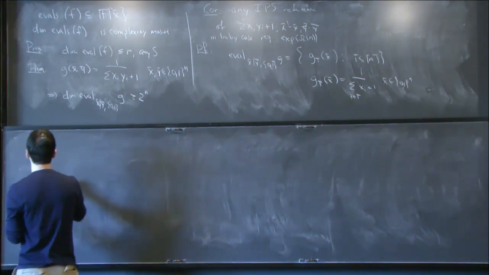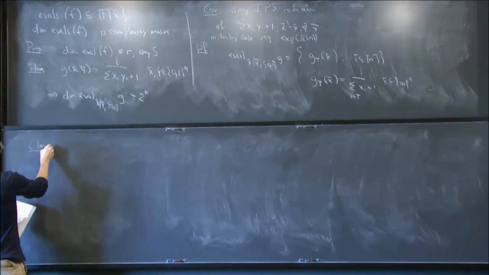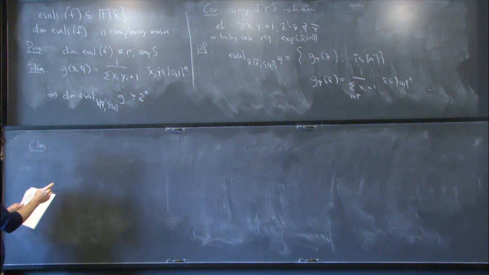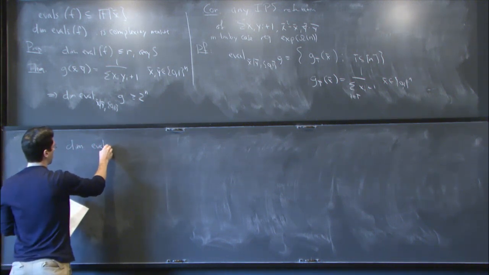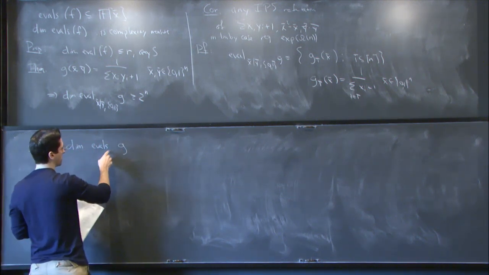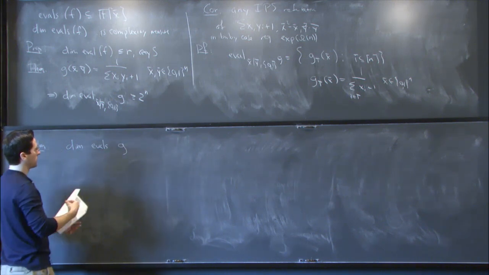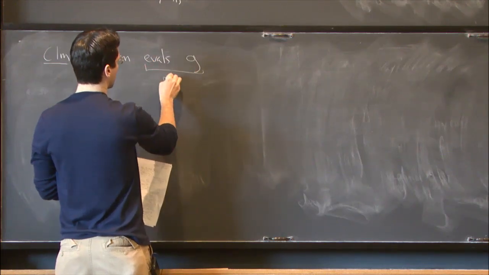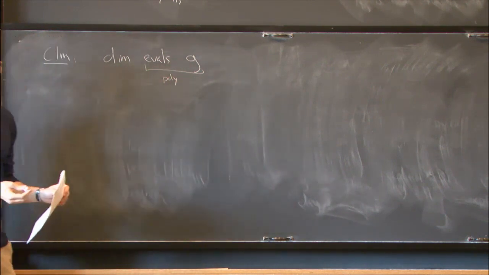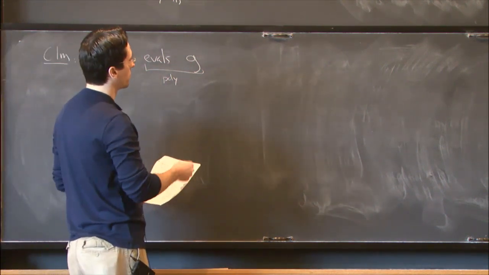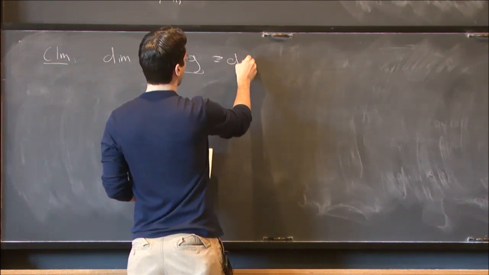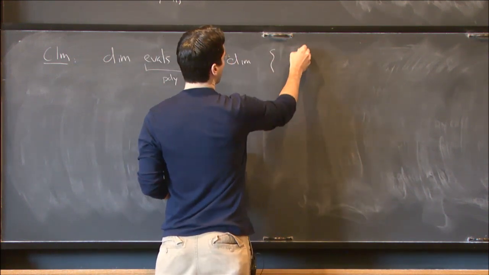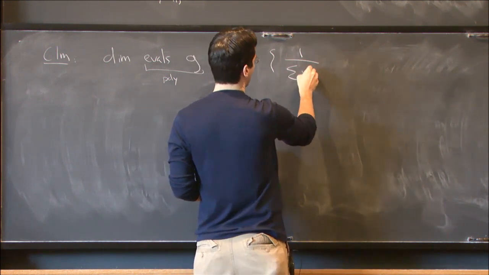So the claim here, which is a bit of a subtle point, is that the space of partial evaluations of G, which I'm just dropping some notation, is a space of polynomials, because you just do a partial evaluation. But I want to relate this to a space of functions, and I want to say this is at least the dimension of the space of functions given by these subset sum axioms.